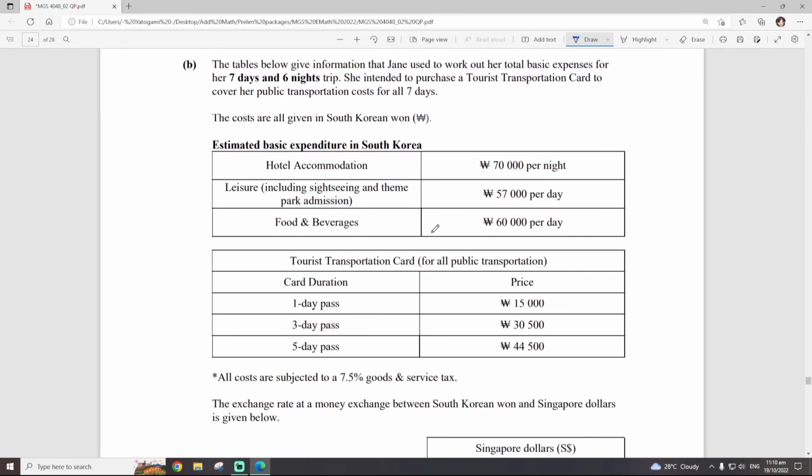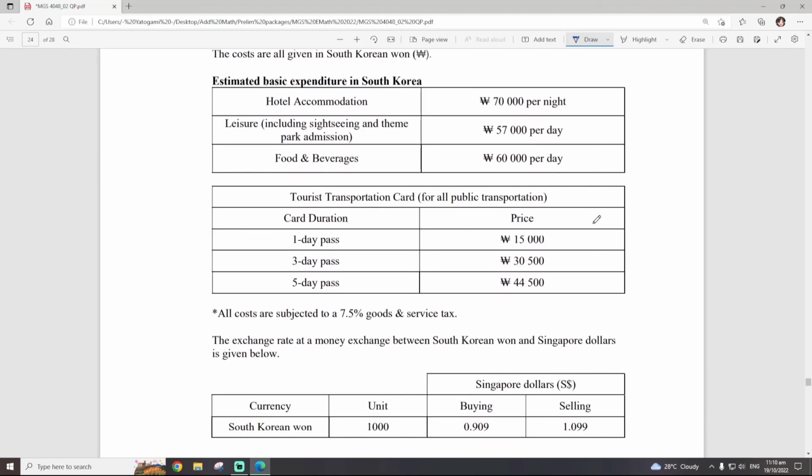Okay, never mind. We'll get into that later. Per day leisure. So we're assuming that she's going to spend all of this every day. And all costs are subjected to 7.5% goods and service tax.